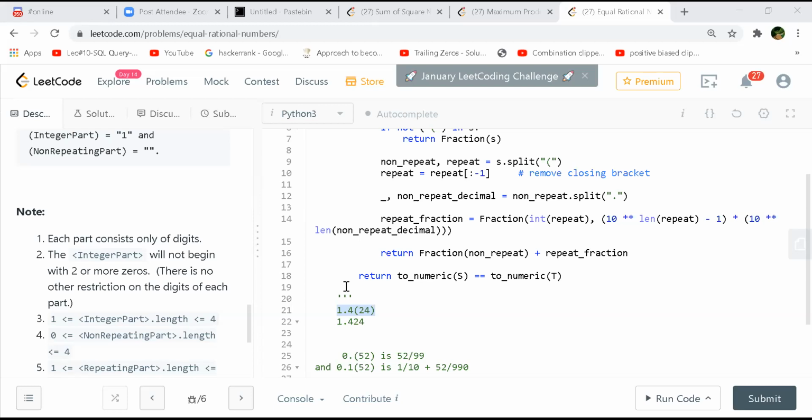I think why it is 990 in the second case is because the repeat is after one digit. You have a non-repeating one, right? Therefore, it is 990. So that is something we'll have to be very, very careful of. You got the point, right? On line 25, you don't have a non-repeat, therefore you are dividing 52 by 99.